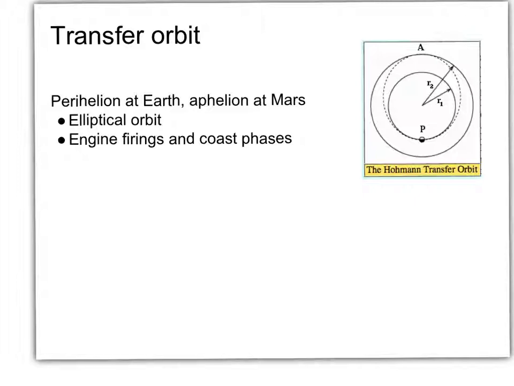Instead, what you have to do is to send your craft along one of these elliptical orbits that all objects around the Sun follow. So in this case, we've got the orbit of the Earth here, and we've got the orbit of Mars here.